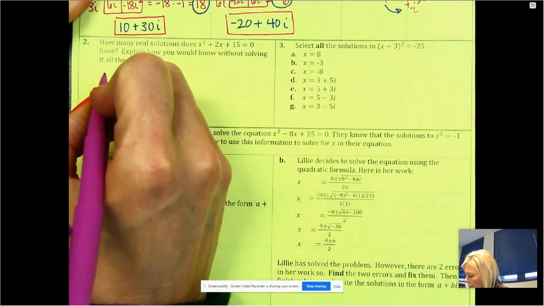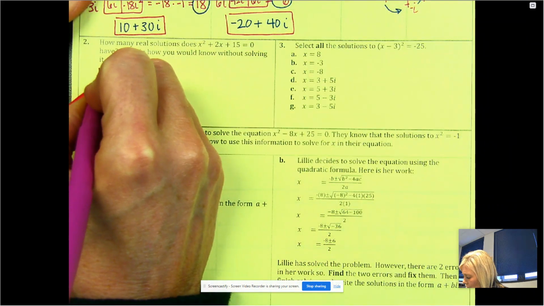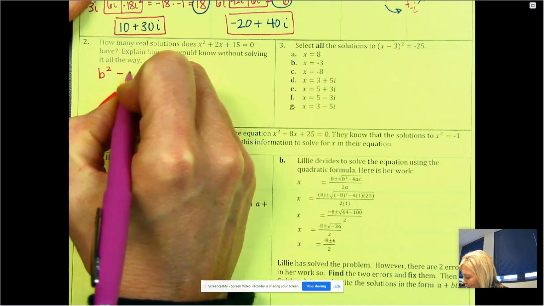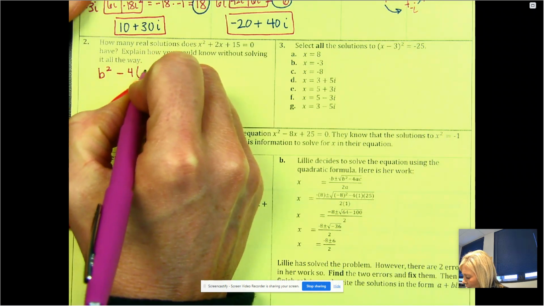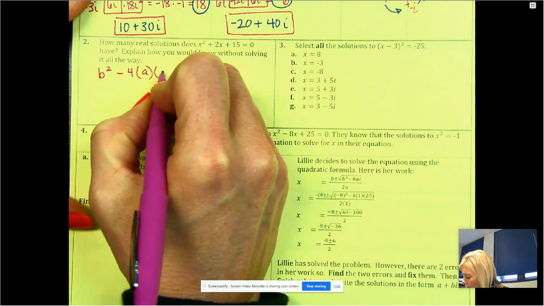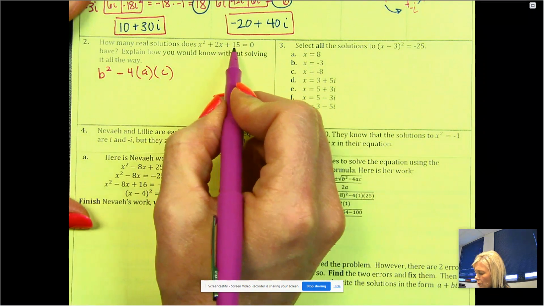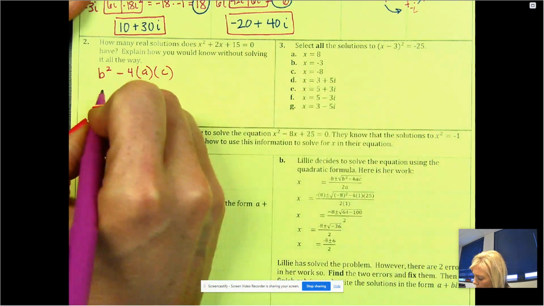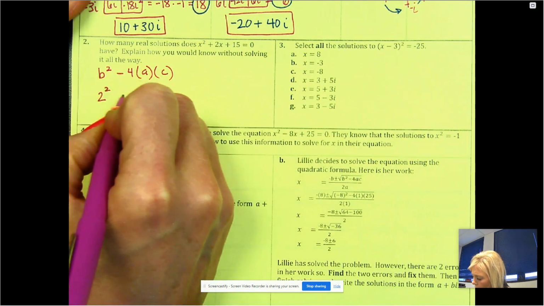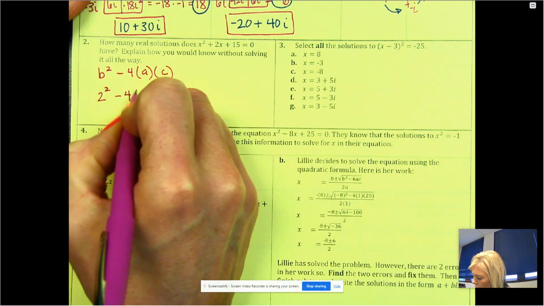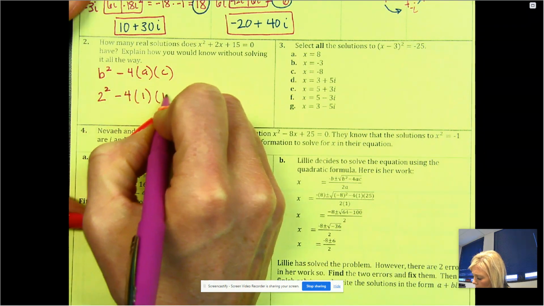And so remember, to find the number of real solutions, you just need to evaluate that part of the quadratic equation. So A is 1, B is 2, C is 15. So you have to find the answer to 2 squared minus 4 times 1 times 15.